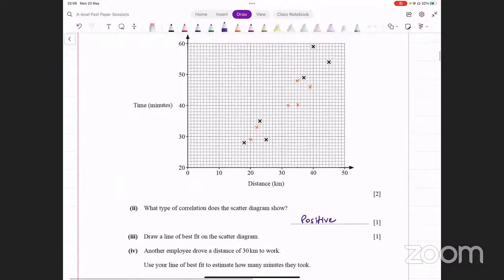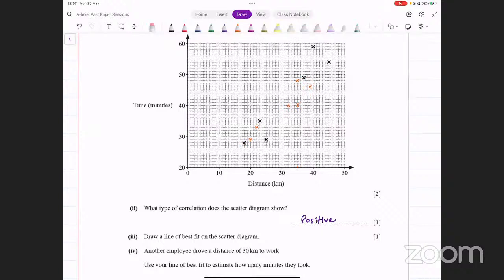Then in the next part, it says draw a line of best fit on the scatter diagram. Line of best fit हम कैसे draw करते हैं? आपने देखना होता है कि roughly it should be the same number of points above the line and below the line, और वो points के दरमियान में से इस तरह से पास कर रही हो कि overall the distance from the points is approximately the same, बहुत ज़्यादा नहीं. ठीक है, और ऑलमोस्ट हाफ पॉइंट्स ऊपर हो, ऑलमोस्ट हाफ पॉइंट्स नीचे हो, और ट्रेंड आपका वही बन रहा हो। So let's draw a line through these points.